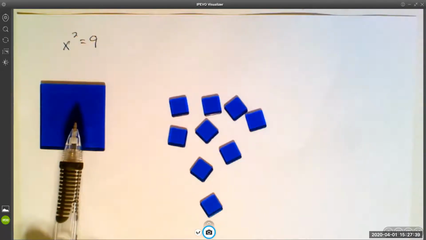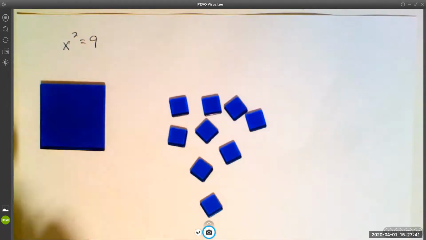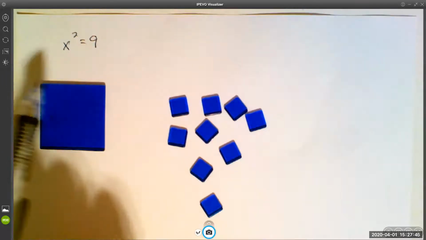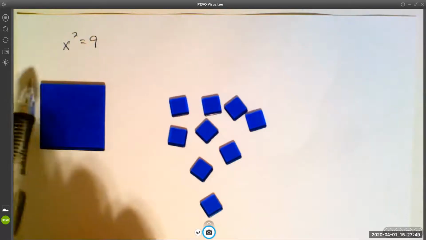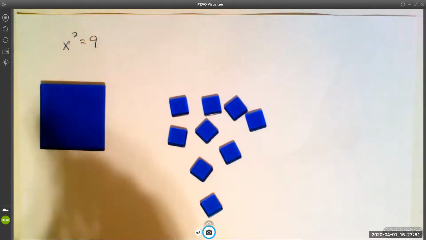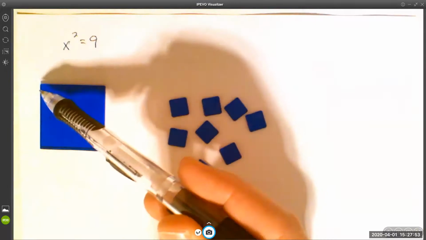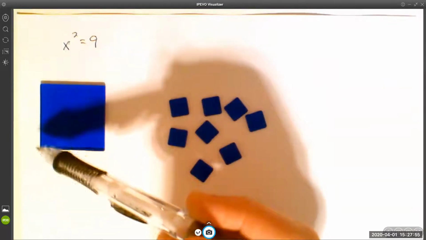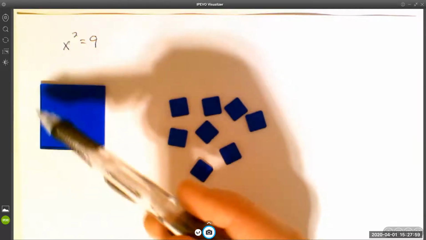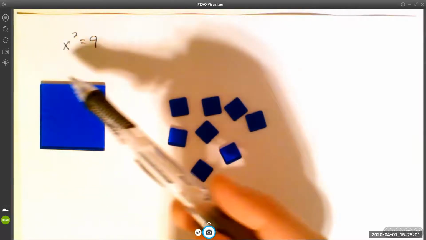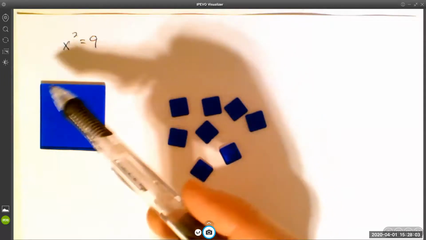Well, how is the area x squared? Well, the area is x squared because this width is x and this length is x, right? So the area would be x times x, which is x squared. That means that this represents x right here, right? One of the sides of the tile represents x, or along the top of the tile represents x as well.